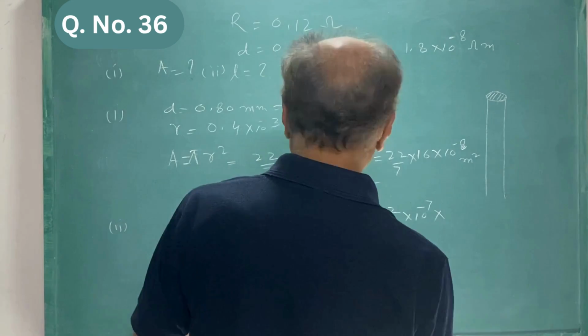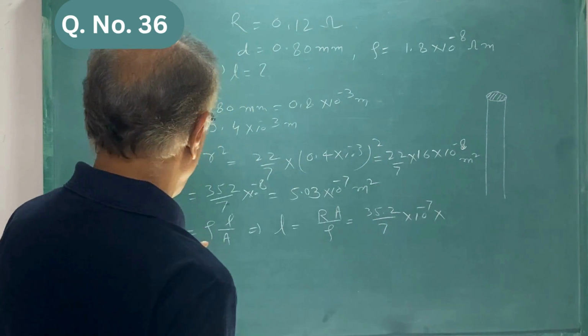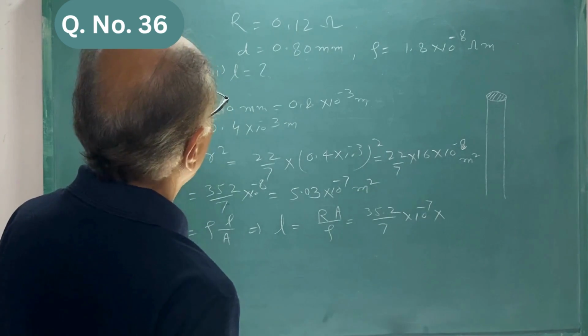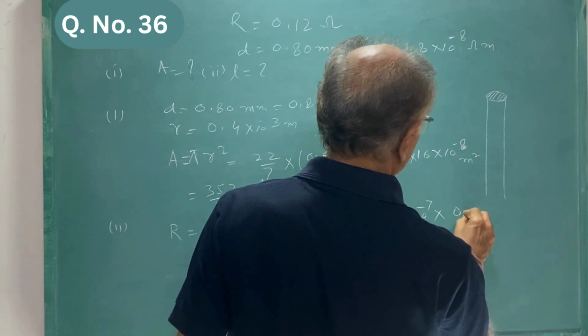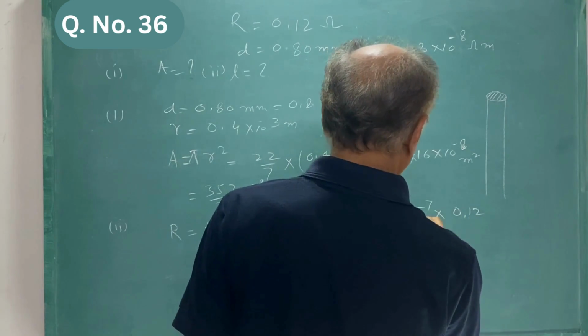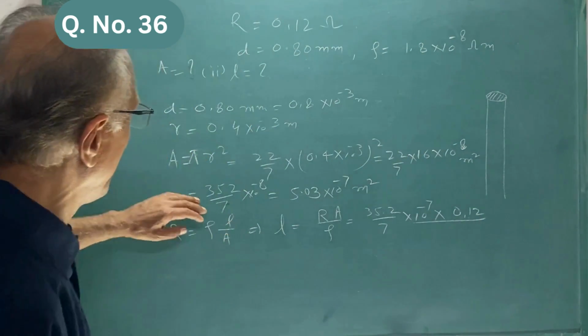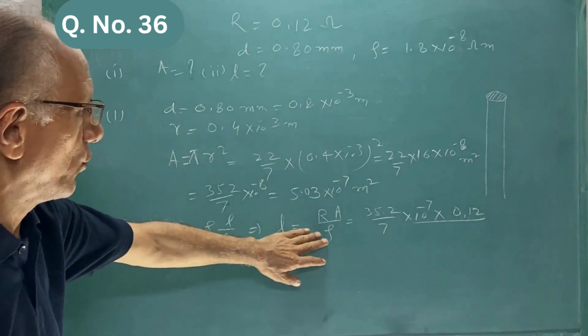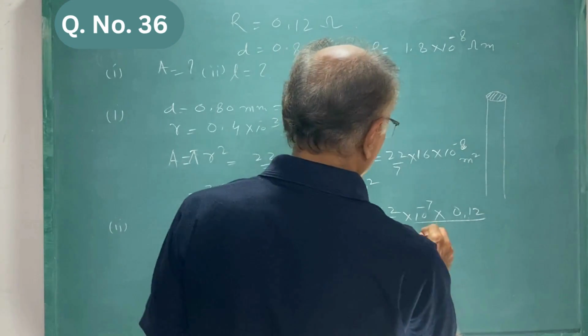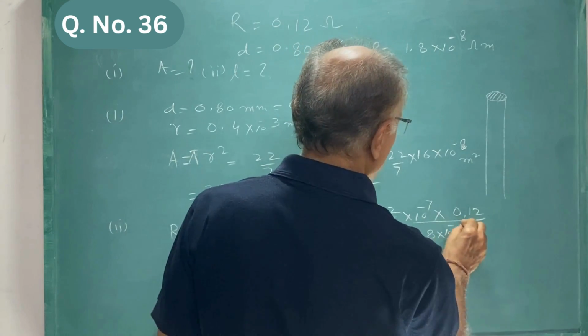Area is this, into resistance, which was 0.12, and divided by rho, and rho is 1.8 into 10 to the power minus 8.